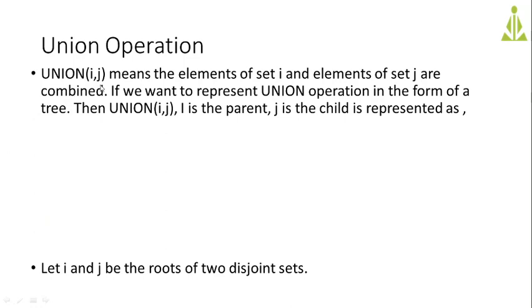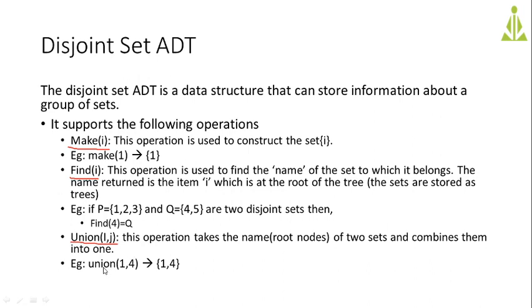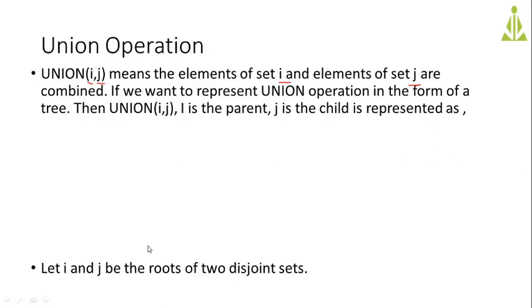Union i comma j means the element of set i and the element of set j are combined. Just now we did union 1 comma 4. 1 is i and 4 is j, so we combined them.